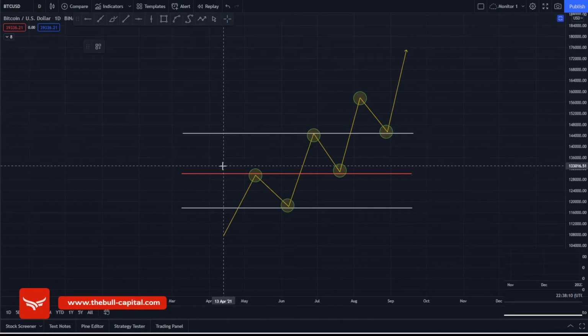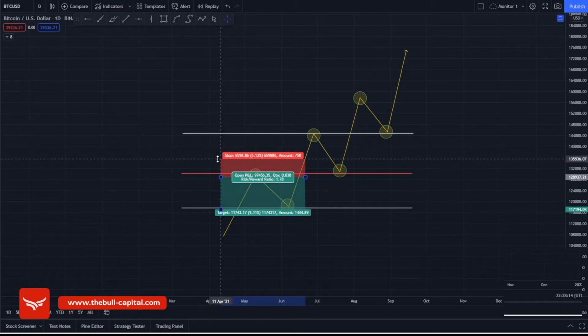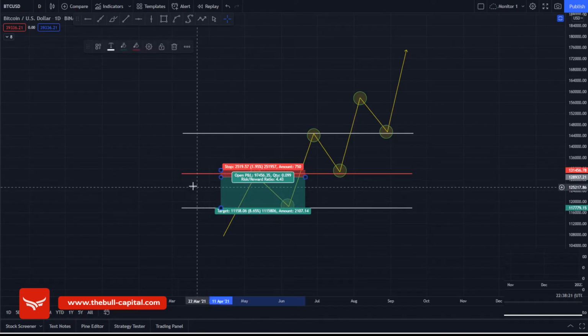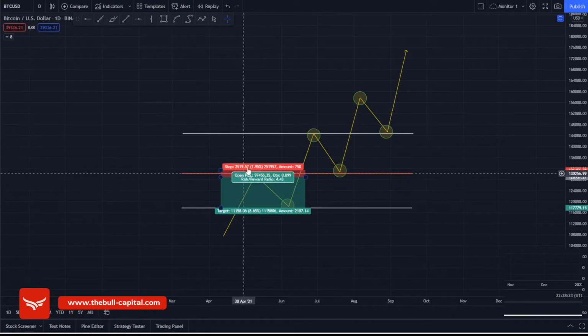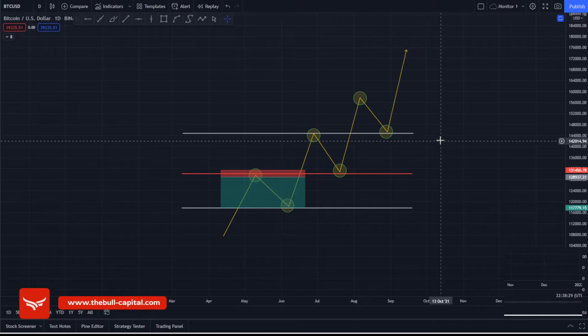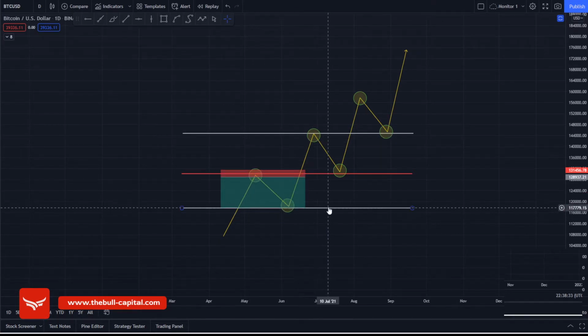Your stop loss should be pretty tight, just above the resistance, and your final target should be the support.